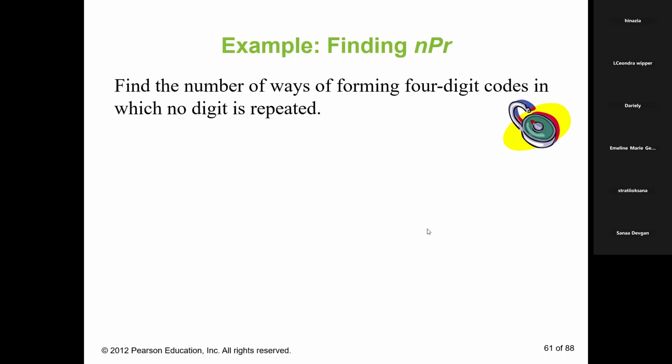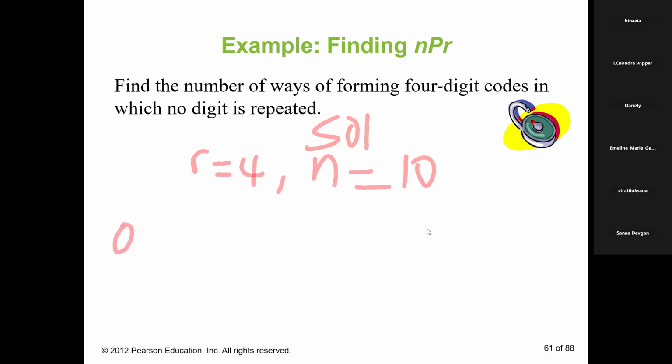Okay, so here they give you r equals 4, but n equals 10. Why did I say 10? Because there are 10 digits. When you talk about digits, you're talking about the numbers 0, 1, 2, 3, 4, 5, 6, 7, 8, 9. Okay, they are digits.